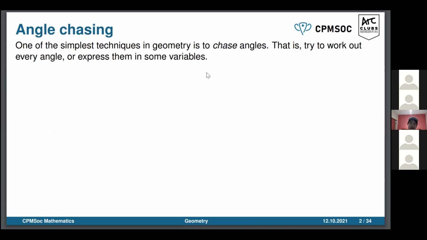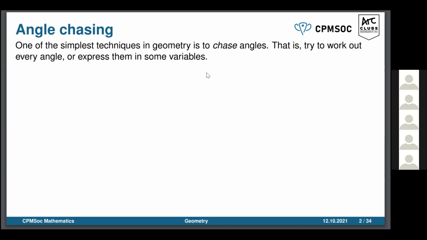So I guess one of the simplest techniques in geometry is to chase angles around. What that means is basically when you set out a problem, you draw diagrams first, and then maybe you can start figuring out some angles straight away, right? So for example, if you have a square, then you can label all the angles to be right angles, or if you have an isosceles triangle, then you can label two angles with some variable alpha.